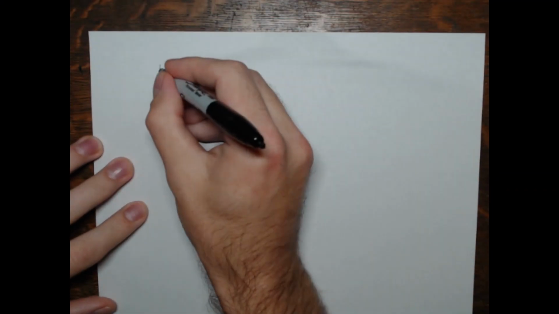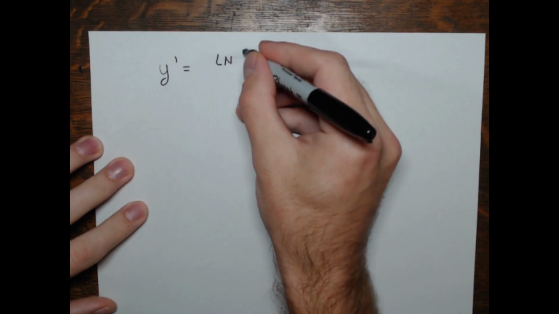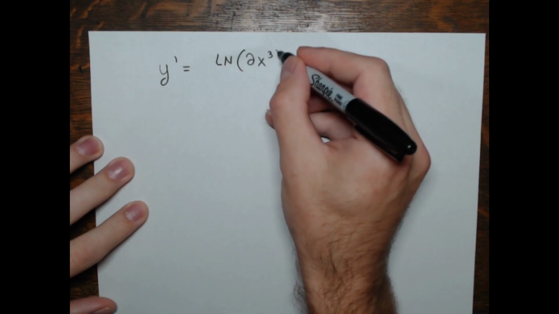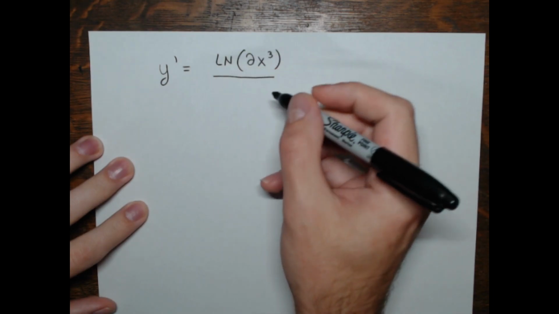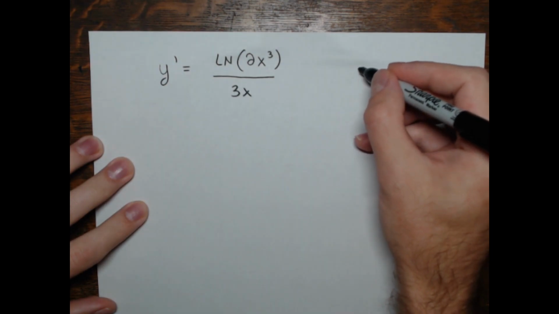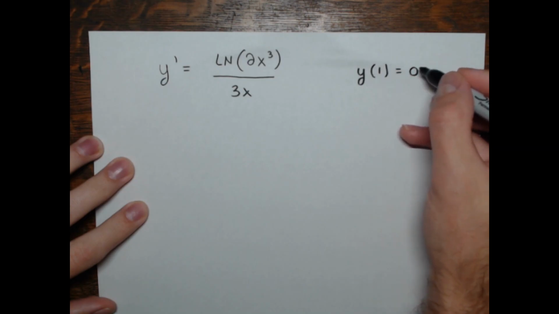So equation and condition again. Equation: y prime equals the natural log of 2x cubed over 3x. The condition: y of 1 equals 0.